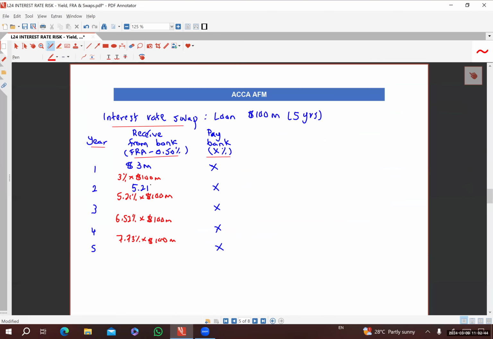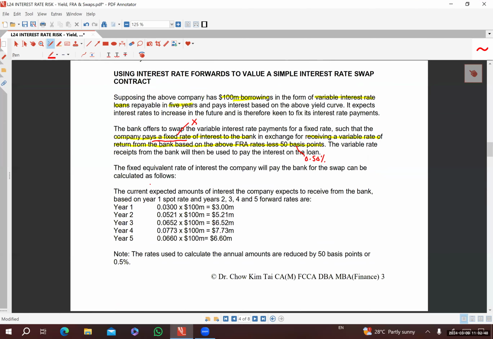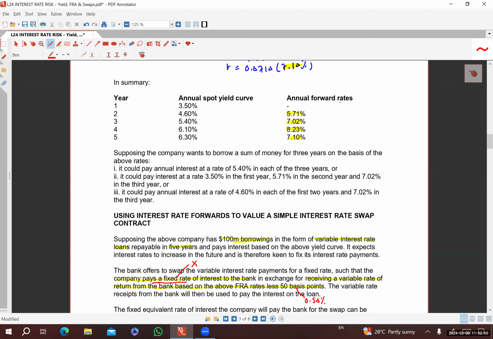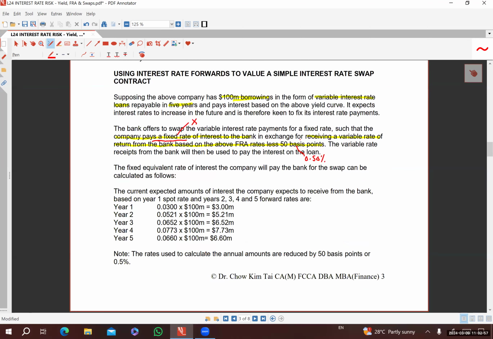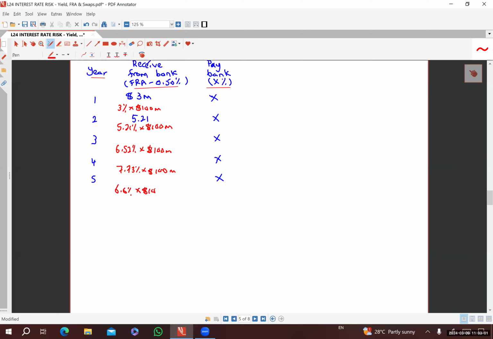The last one, year 5, FRA is 7.1%. This is the forward rate. 7.1 minus 0.5, 6.6%, times by the loan 100 million. So that will be what you receive from the bank.